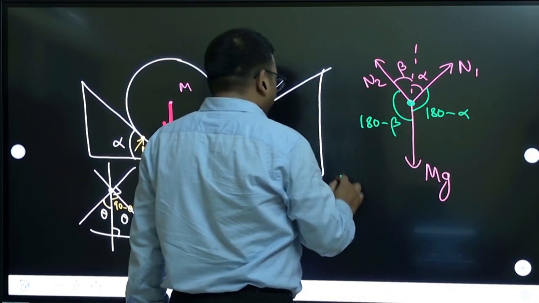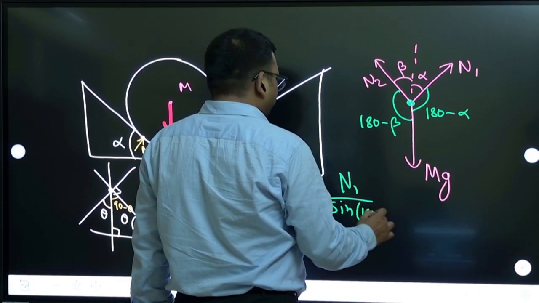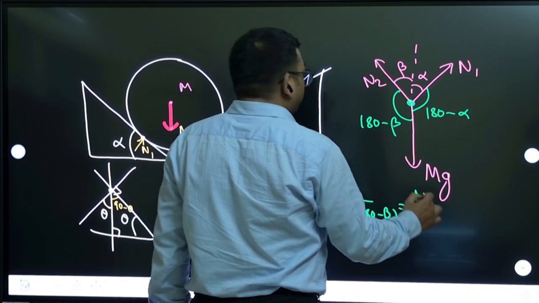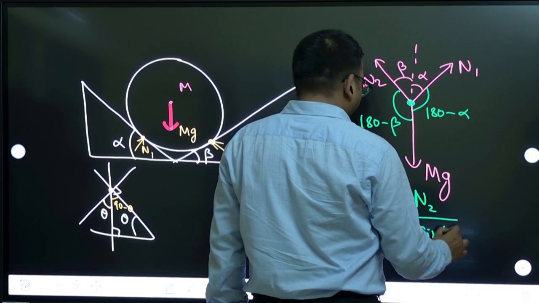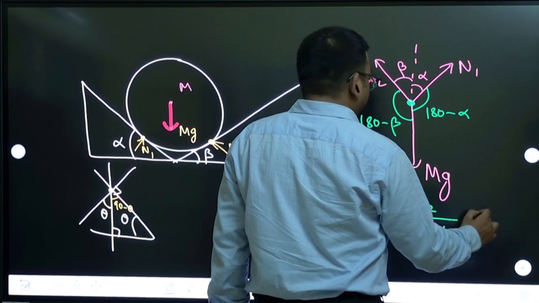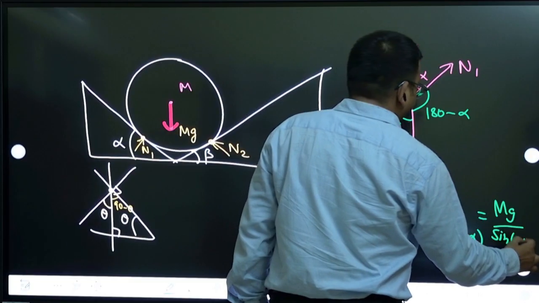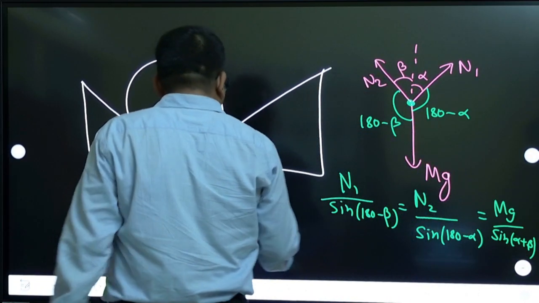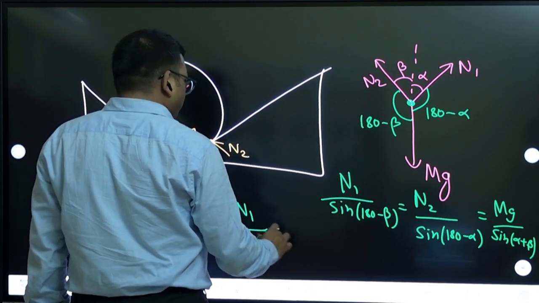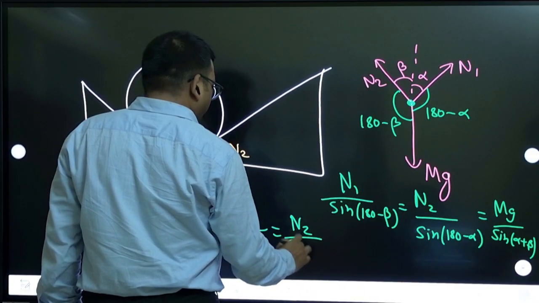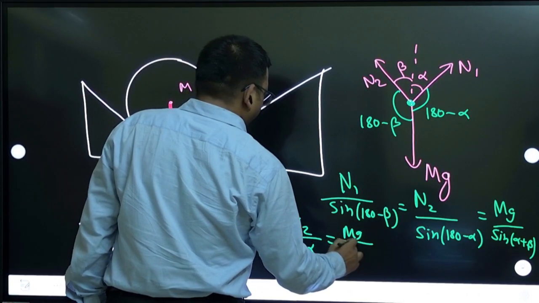So I can apply N1 by sine of 180 minus beta is equal to N2 by sine of 180 minus alpha is equal to mg by sine of alpha plus beta. So from here we get N1 by sine beta, N2 by sine alpha is mg by sine alpha plus beta.